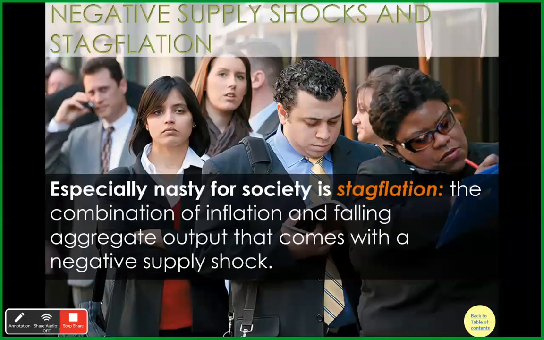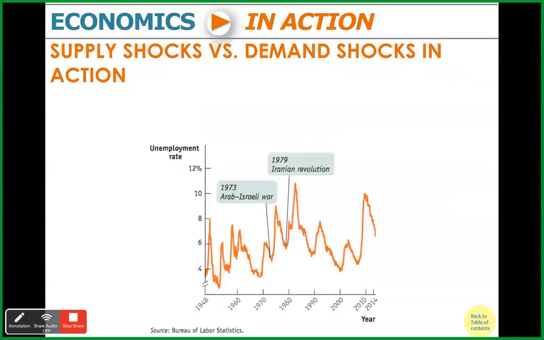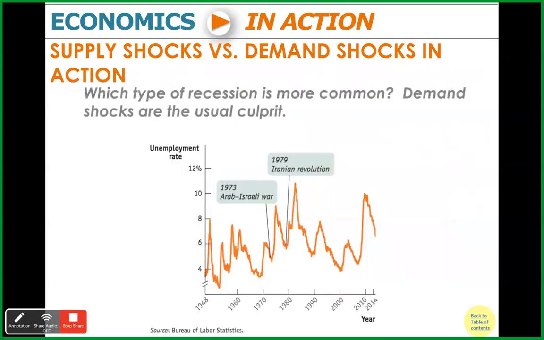As we just studied earlier, stagflation is pretty nasty. That's usually caused by a negative supply shock. It happened in the 1970s. And right now, there's a fear. So this is the 1970s. First, in 1973, there was a war in the Middle East.